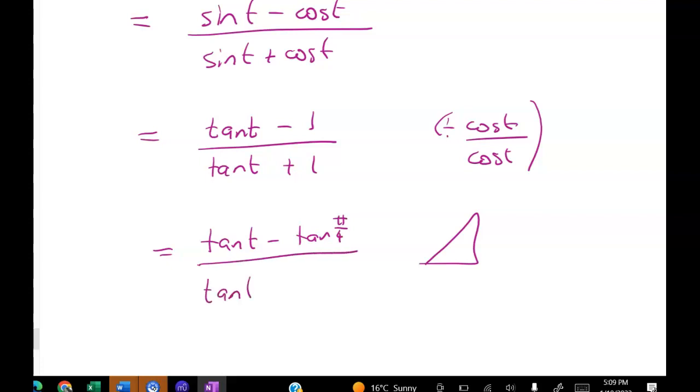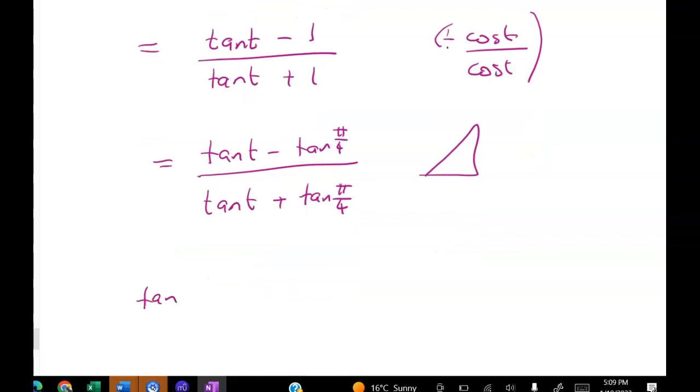So when I'm writing this out, I'm thinking about what I'm trying to show. Let's just think about what tan of a minus b is.